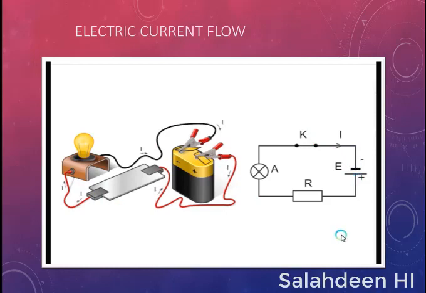The arrow represents current, the E is the voltage of the battery, the R is the resistance of the resistor, while the A is the lamp. The I that has been indicated shows the current flowing through the wire. So this is the circuit diagram as it's drawn from the circuit you are simply connected to the lamp.